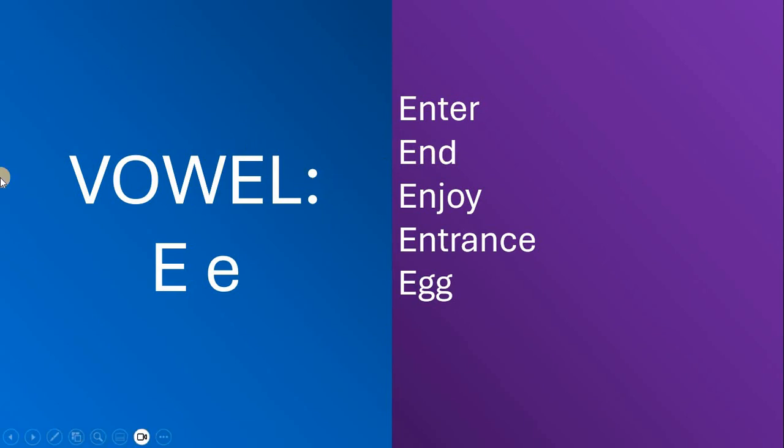We have the word enjoy, like you're eating food and then somebody says enjoy, that is like have a good time. Then we have entrance, that is the entry point where you go into something. Then we have egg. In the next presentation I will display them with images so that they can be easy for you.